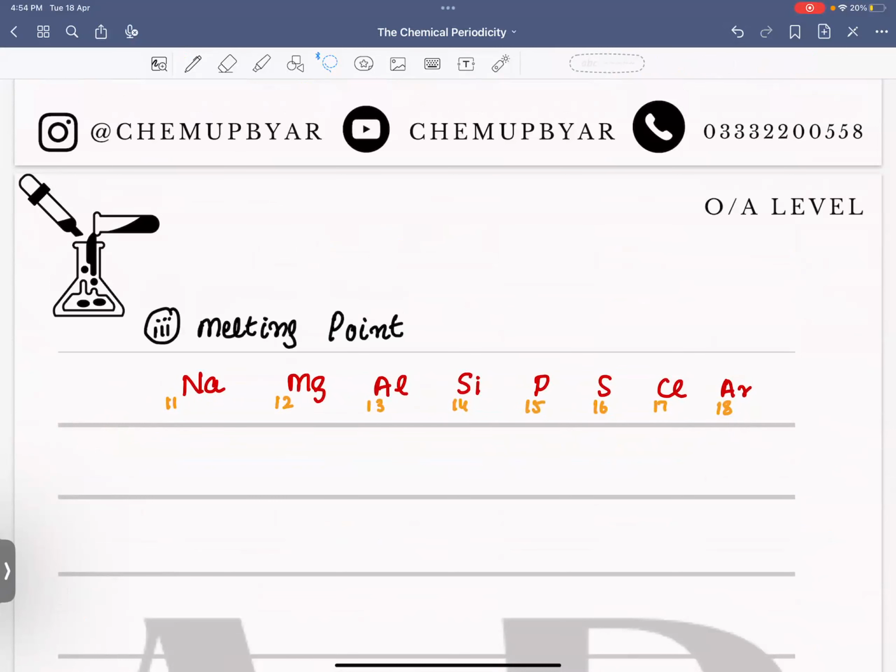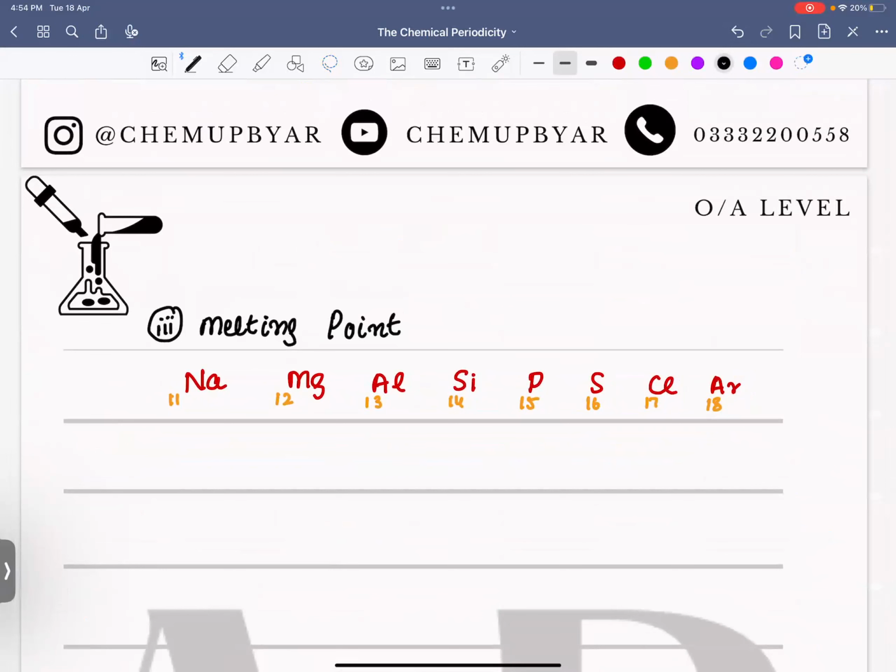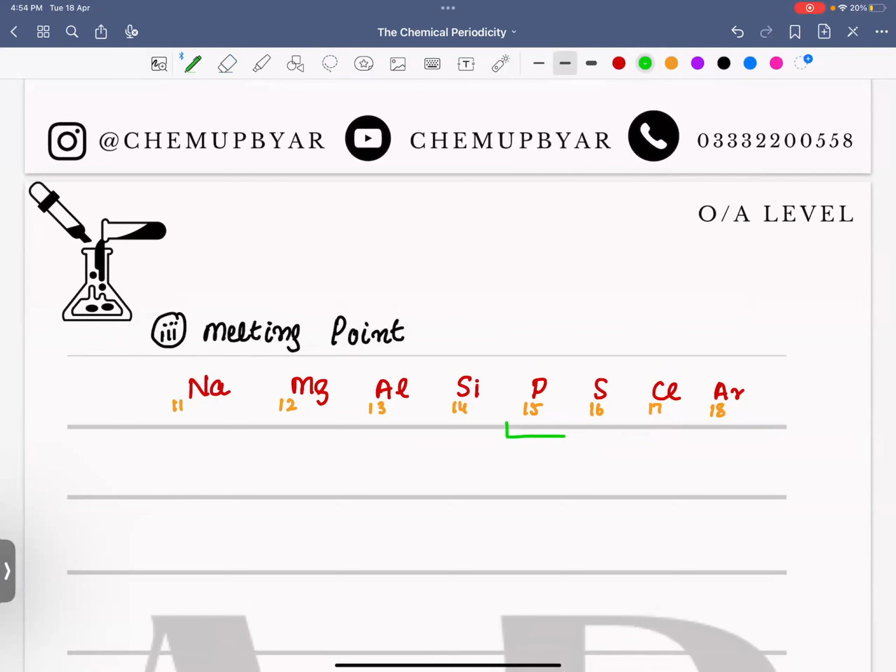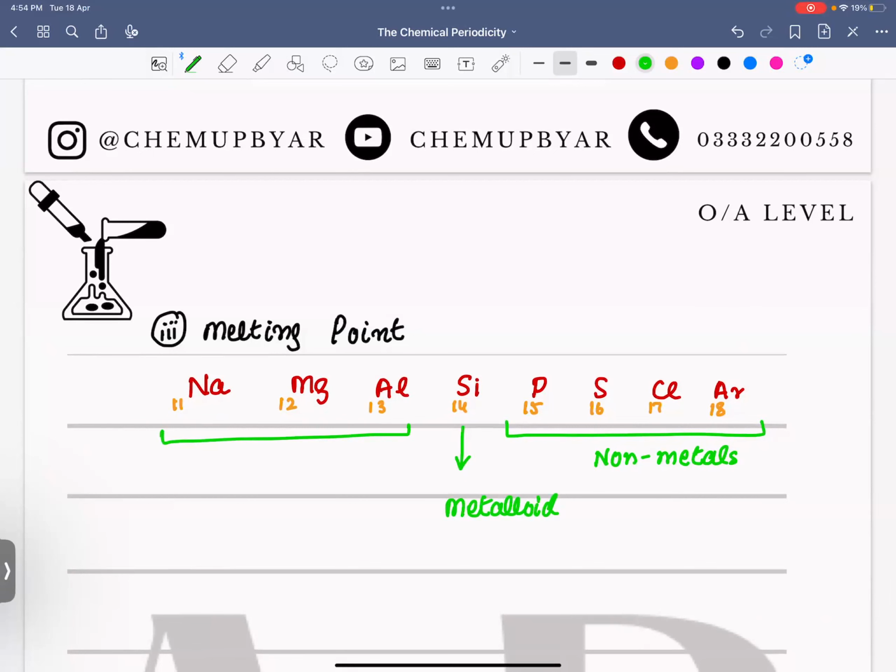So if we look out of these, non-metals, it's a metalloid, and these three are metals.